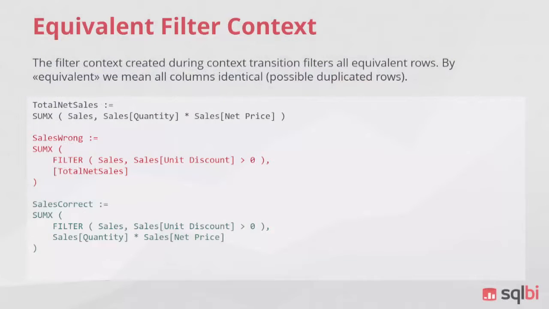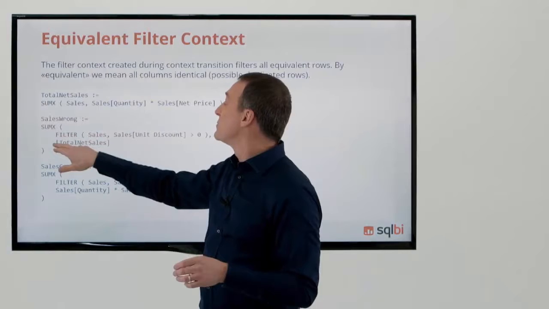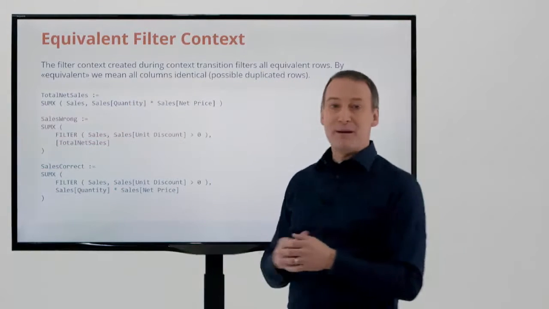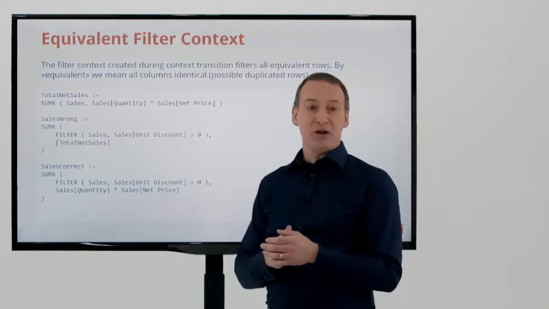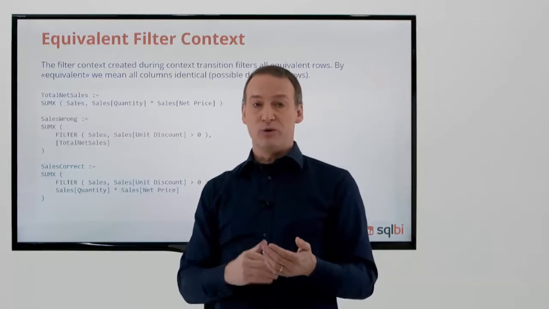I can write Sales Wrong by iterating a FILTER where I filter Sales only for the sales where Unit Discount is greater than 0, and then trusting context transition, instead of rewriting Quantity multiplied by Price, I invoke it as a measure. And I trust context transition to evaluate that measure row by row.